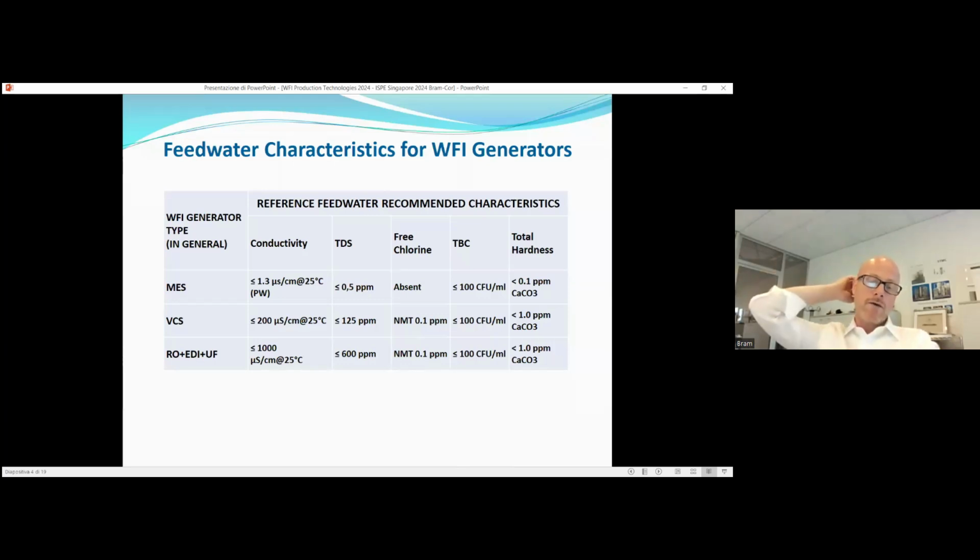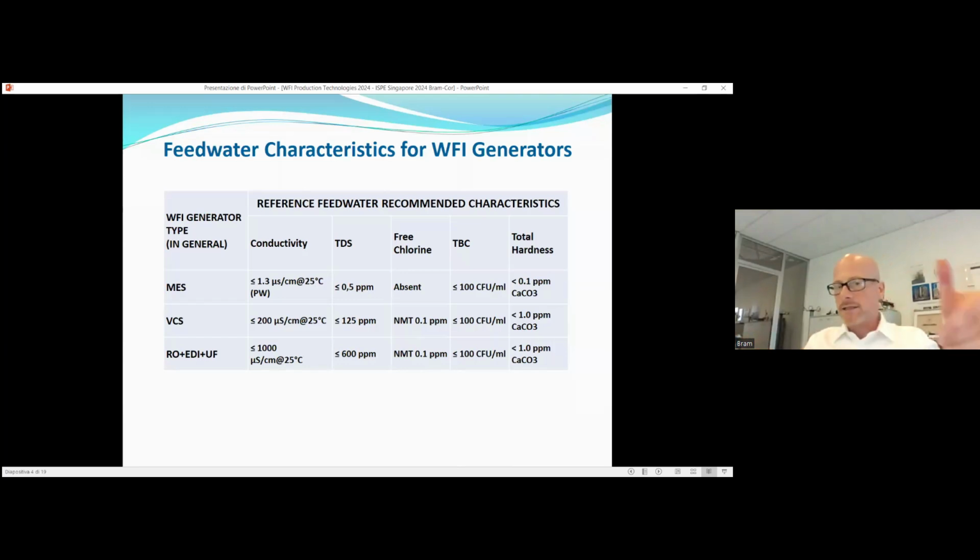For what I have indicated as reverse osmosis plus electrodeionizer plus ultrafiltration skid, clearly we have more or less the same characteristics that we have in the PW generation. So 1000 microsiemens at 25 degrees of feed water.